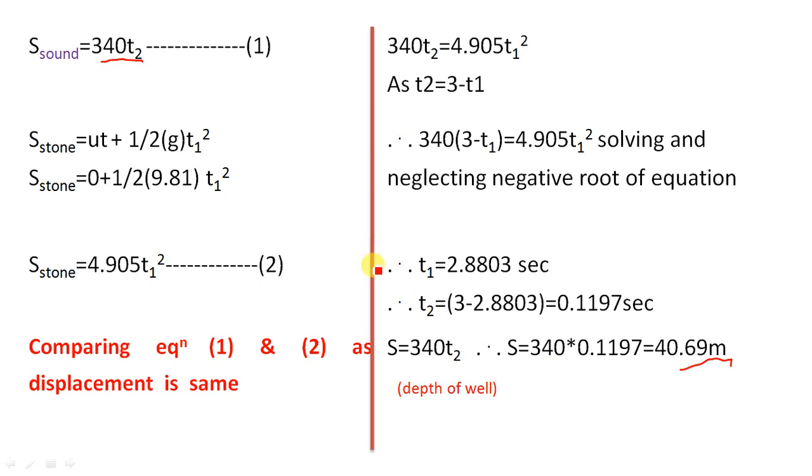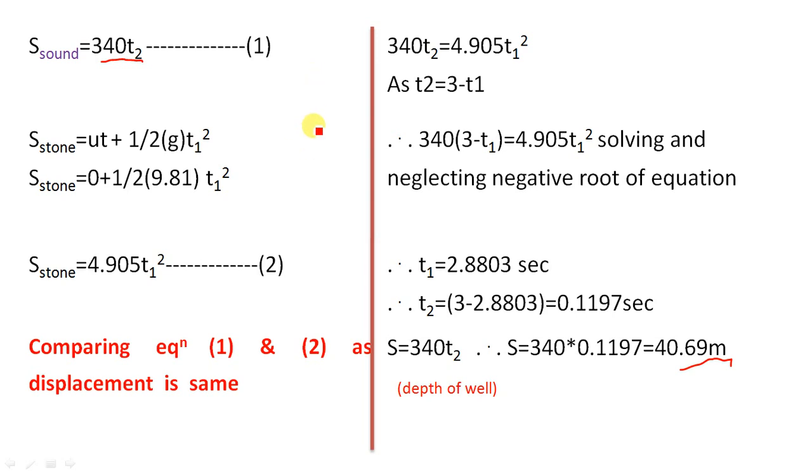Here the concept is that T1 is the time required for the stone to travel from top to the bottom, and T2 is the time required for the sound to travel from the bottom to the observer. S of sound is nothing but velocity into time, and for S of stone we have the equation of motion, S is equal to ut plus 1/2 at square.